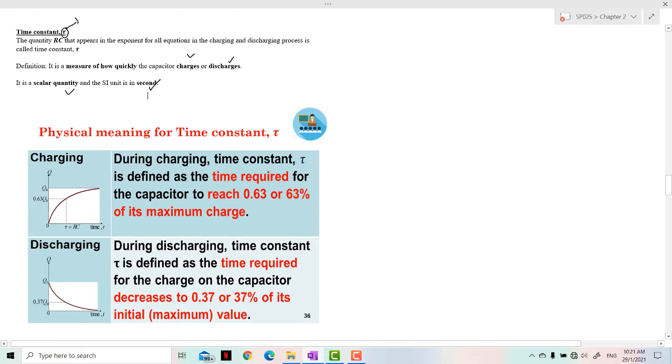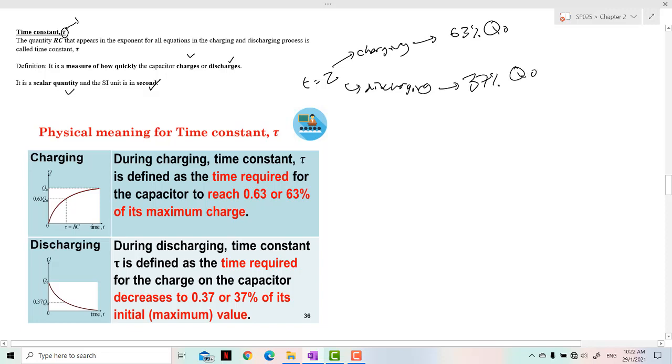Okay, so what does this time tau mean? Time t equals tau. It is a measure for our charging and our discharging. For charging, it is the time required to get to 63% of the maximum charge, which is Q naught here. For discharging, it is defined as the time taken to reduce to 37% of its initial charge.